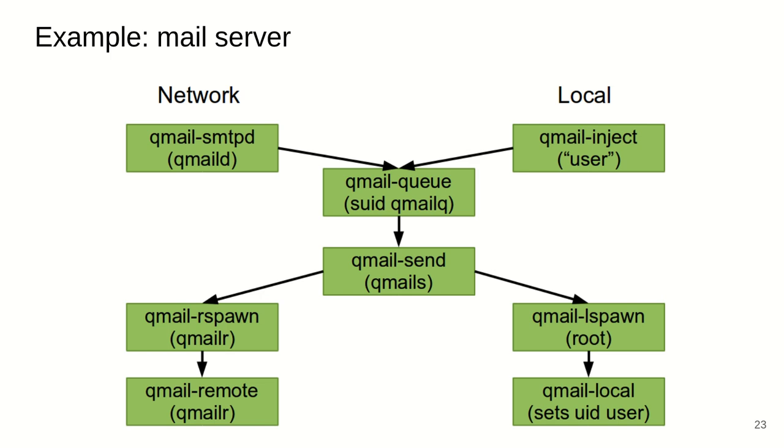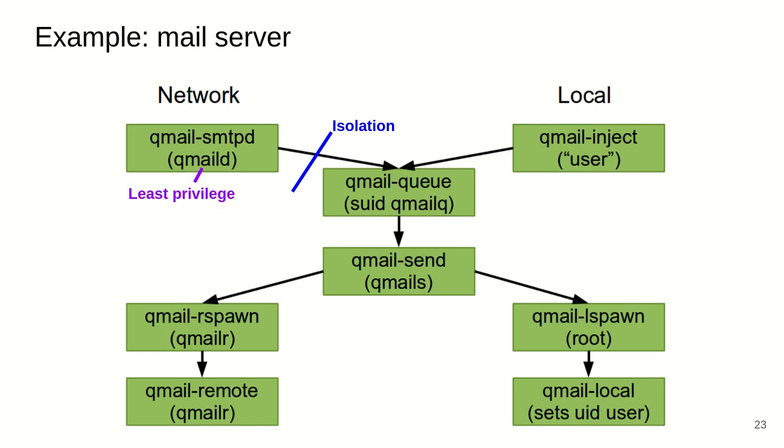And you see this is a somewhat complicated or large set of different processes that all have individual tasks. And all of these are individual processes or daemons that run in isolation. So all of these processes are isolated from each other. So qmail-smtpd is isolated from qmail-queue and can only communicate with each other using a clearly exposed API.